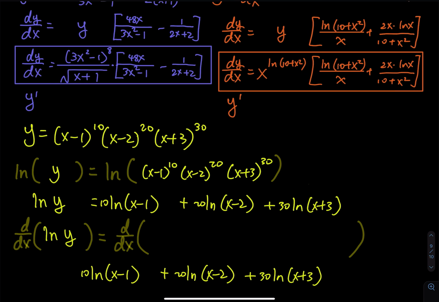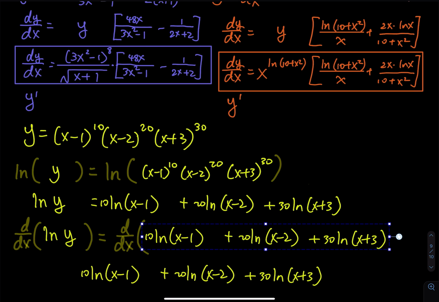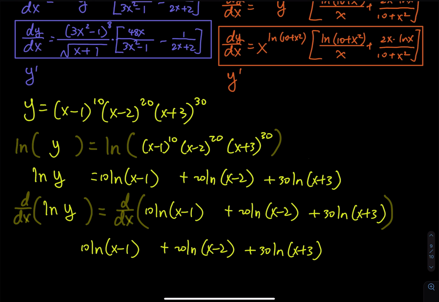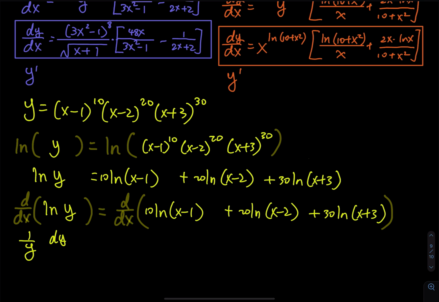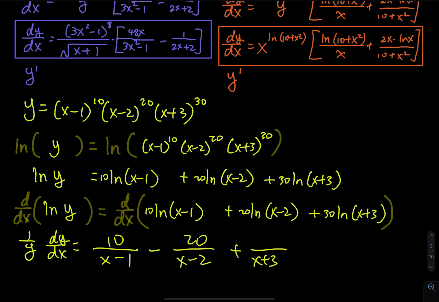Okay, derivative. Left-hand side is implicit: 1 over y times dy/dx. On the right-hand side, bring the x − 1 down. The derivative of x − 1 is 1, so you have a 10 on top. Similarly for x − 2, you have a 20, plus for x + 3, you have a 30.